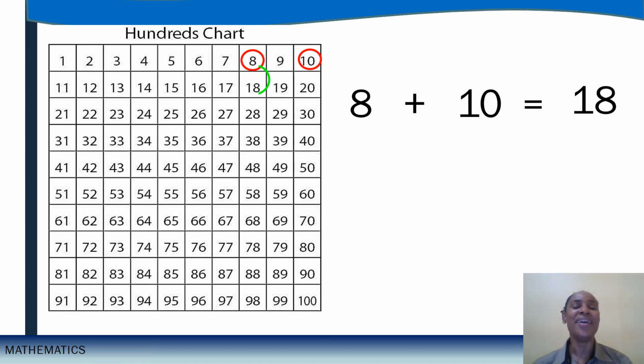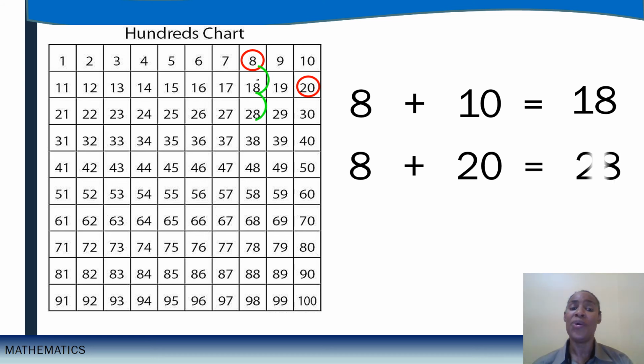You are correct, boys and girls. Now, let's move on to the second multiple of 10. The second multiple of 10 is 20. Now, 20 added to 8 gives us 28. Way to go, boys and girls.